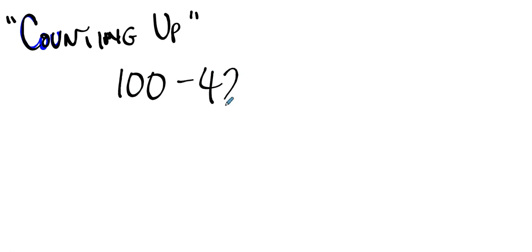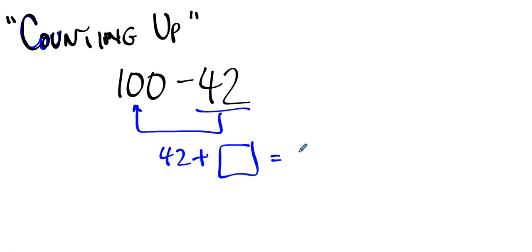The other algorithm that sometimes is effective is the counting up algorithm. Let's pretend that we're trying to subtract 100 minus 42. We're going to count up from 42 up to 100. So we think about, how do I get from 42 to some nice number?